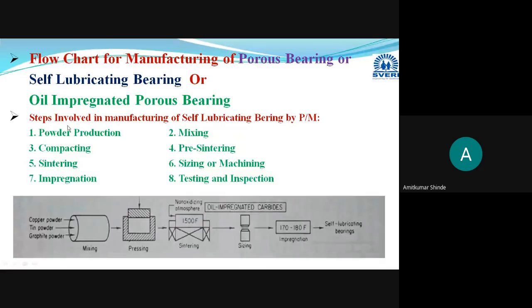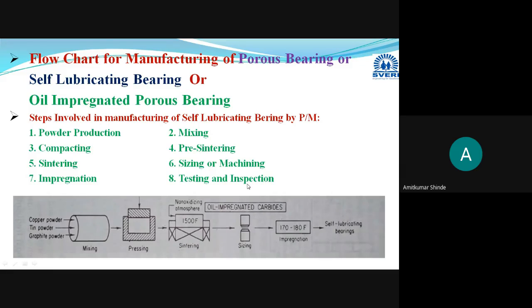First you have to write the steps, just the sequence. First stage will be powder production, then mixing or blending, then compacting, then one pre-sintering operation, then sintering operation, then sizing or machining, then impregnation, and finally testing and inspection.